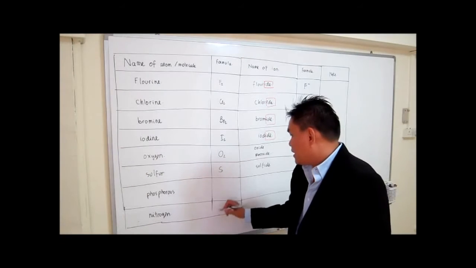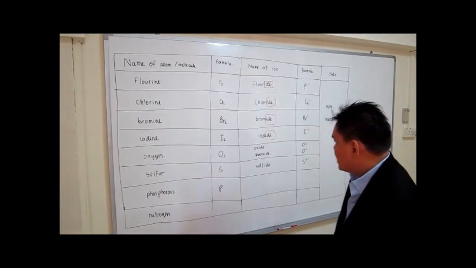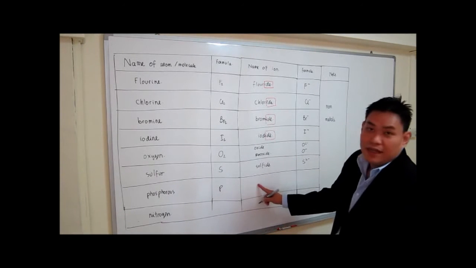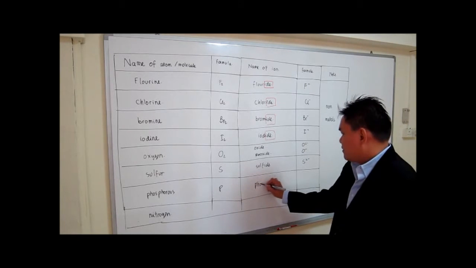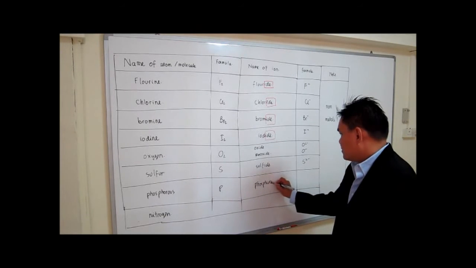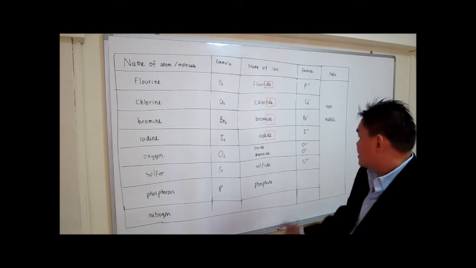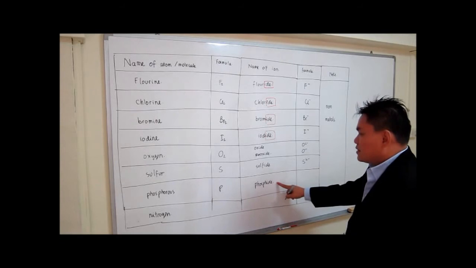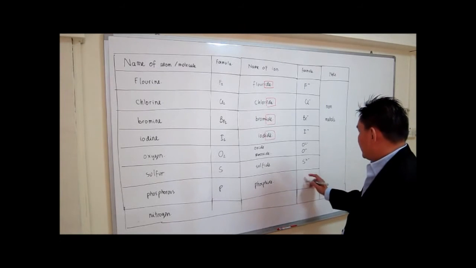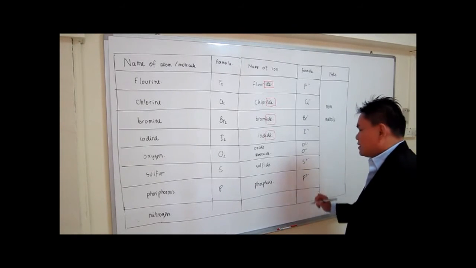Phosphorus is a monoatomic, P. And the name of the ion is of course phosphide. It is group 5, so the most likely ion produced is P3 minus.